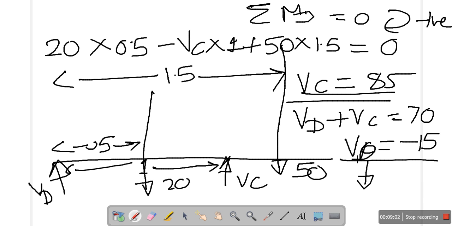So we have obtained the support reactions, and now what comes is to use the method of sections, method of joints to find forces in various members. So let us quickly apply the method of joints to point D, and let us see what we get.